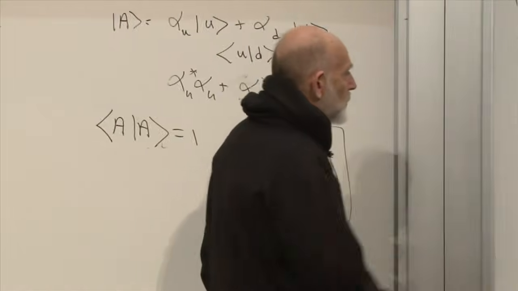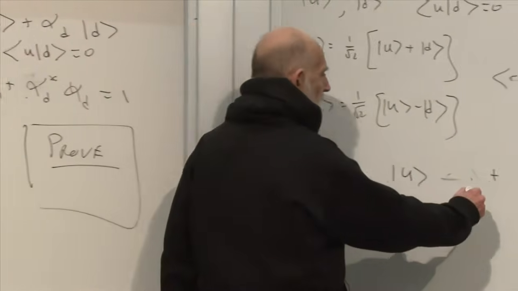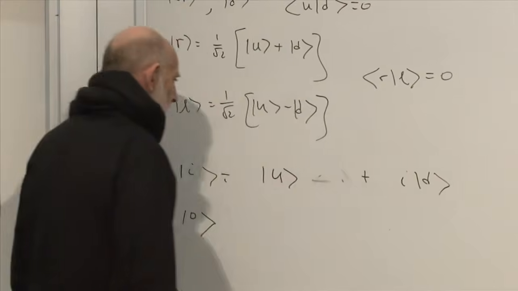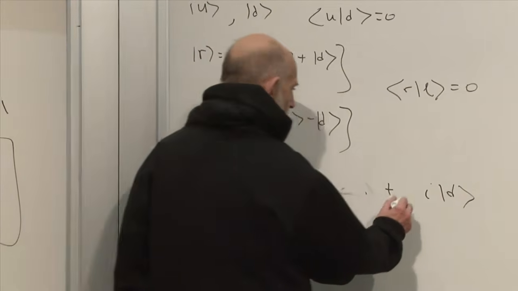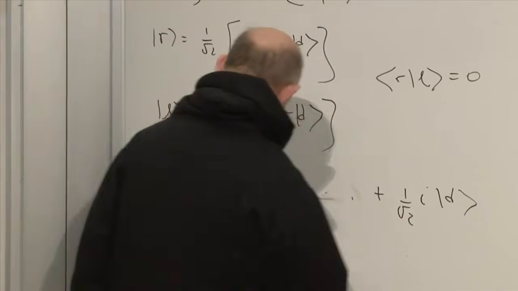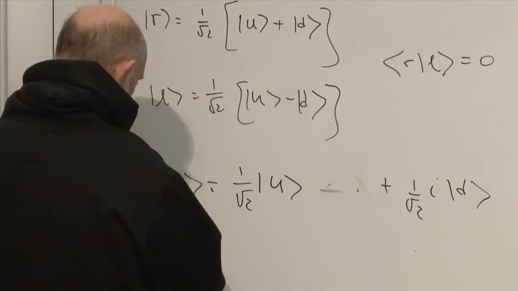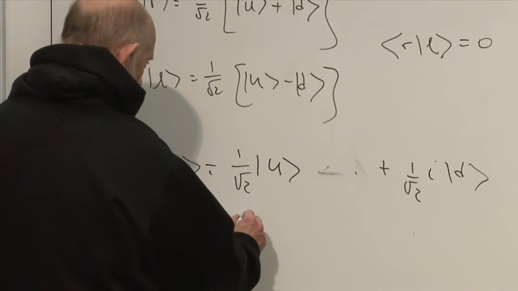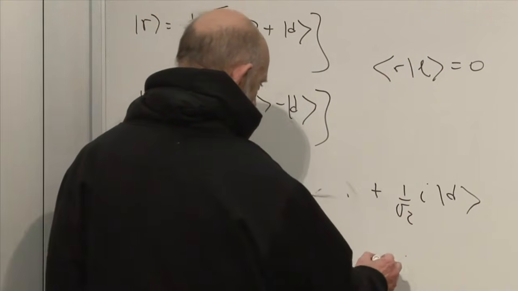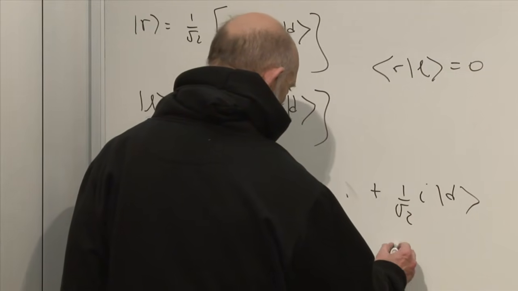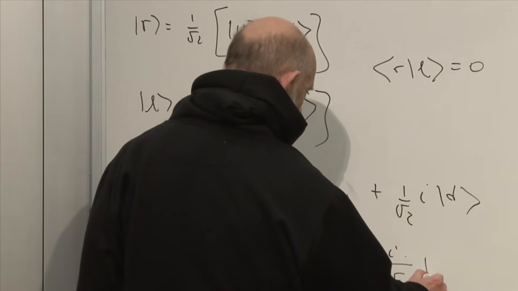The solution is 1 here and i here with a square root of 2. We have to put a 1/square root of 2 and a 1/square root of 2. And out is the same thing, minus i/square root of 2 down.